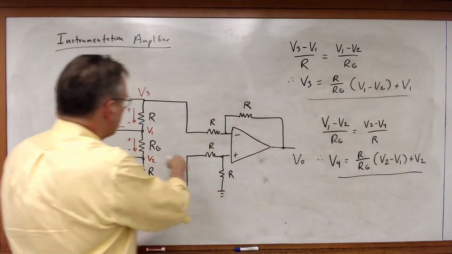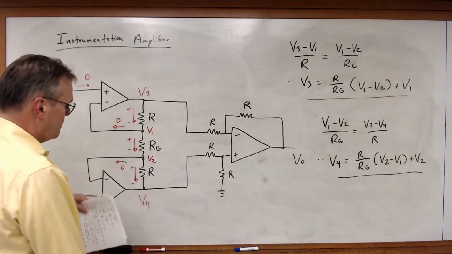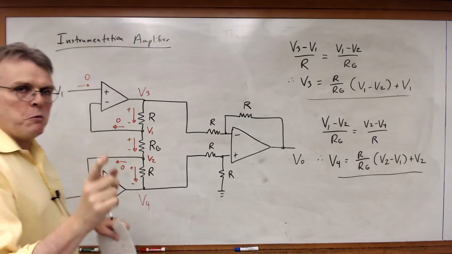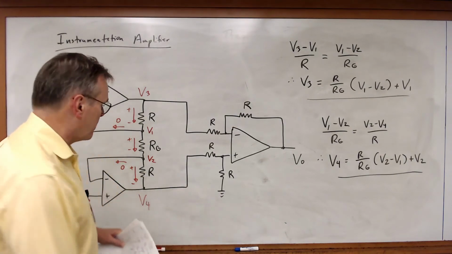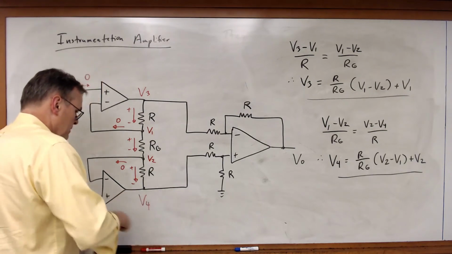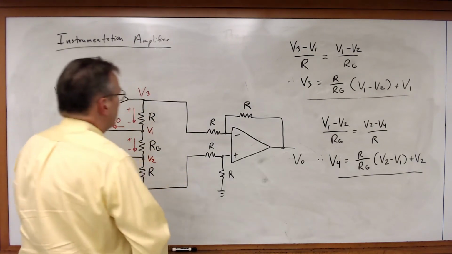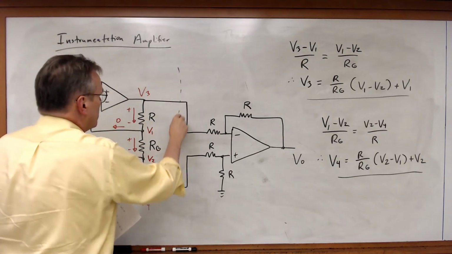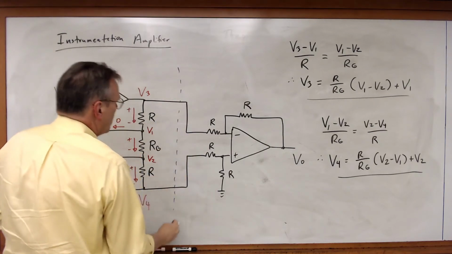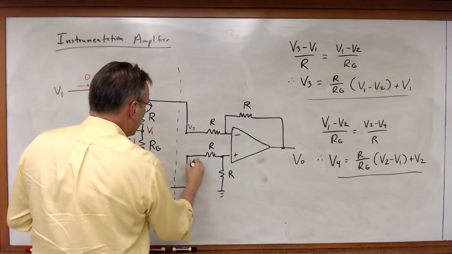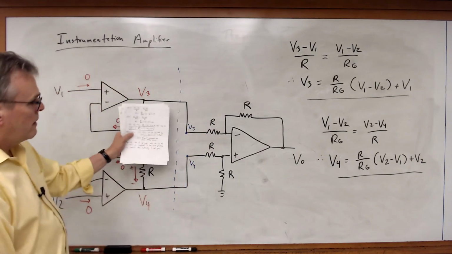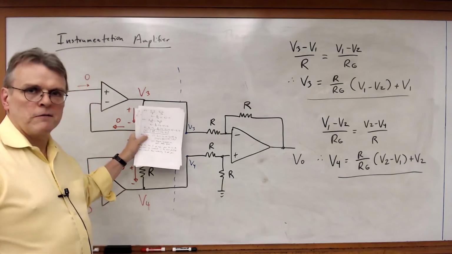Now let's look at the rest of this circuit. What you want to do is look at the circuit we just thought about a moment ago. We looked at the difference amplifier. I'm going to divide this. If I partition this circuit like so, obviously I've got V3 here and V4 here. What is that circuit?